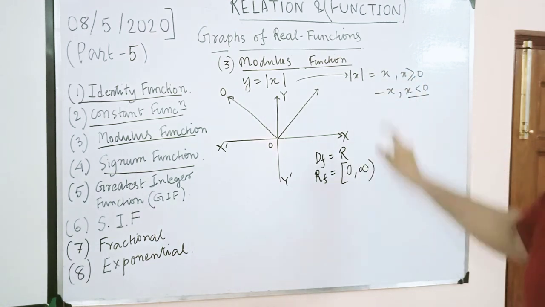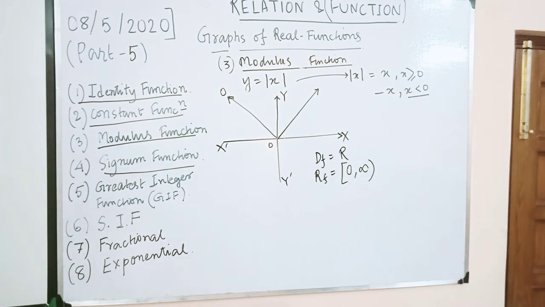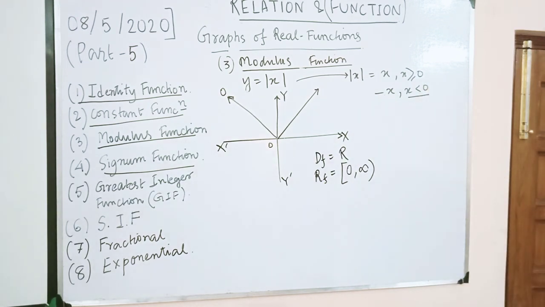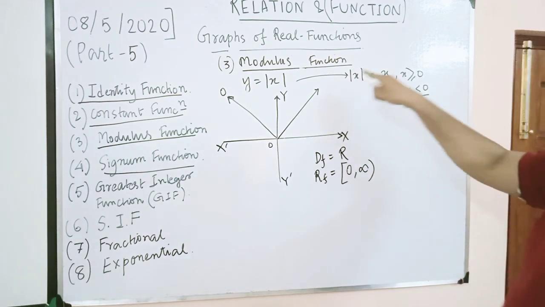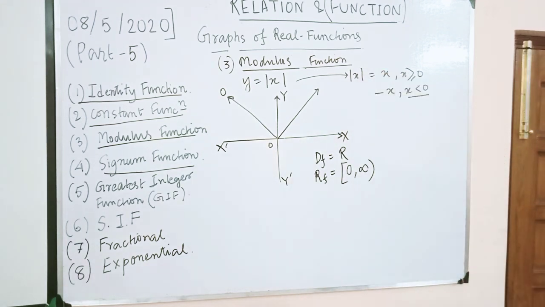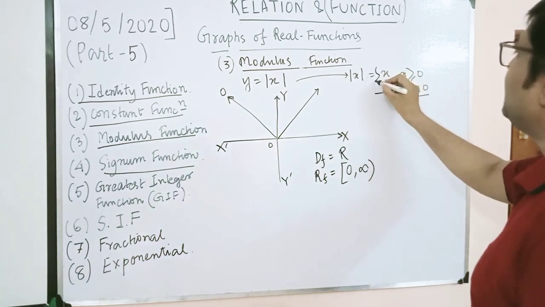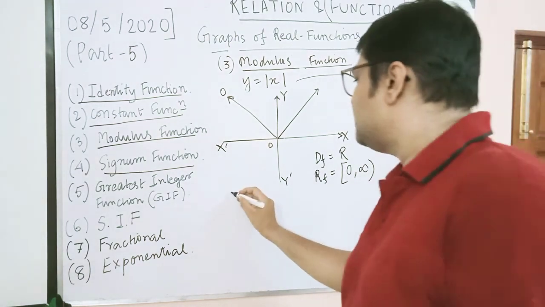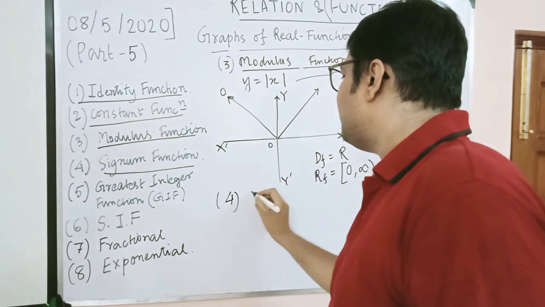So with the help of this minus, it's getting positive, and that is what the mod function or the mod operator is doing. Okay, so this is something we will need throughout. So please remember this. After this, we start with the signum function.